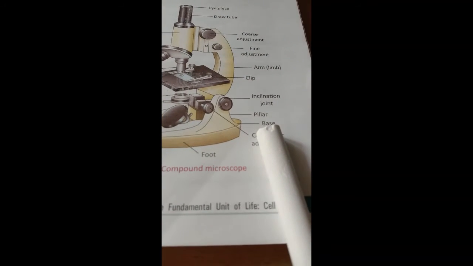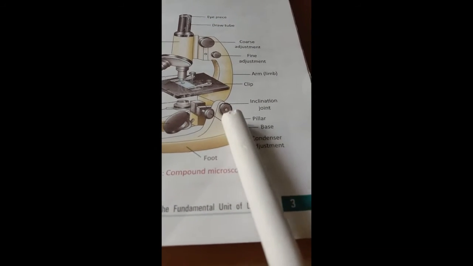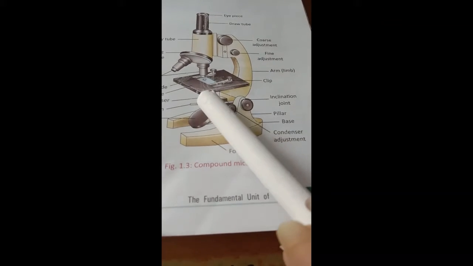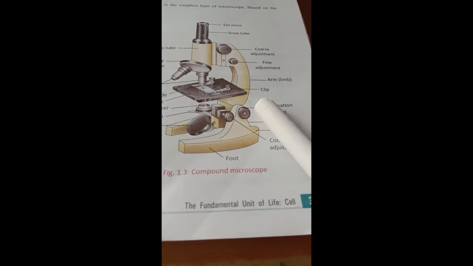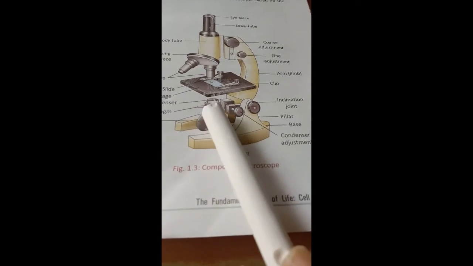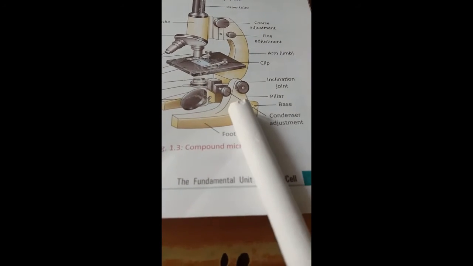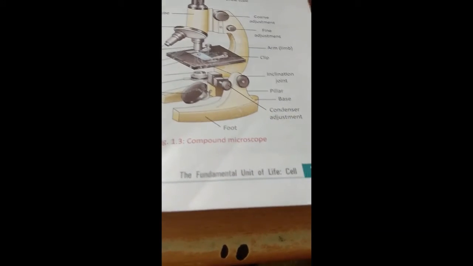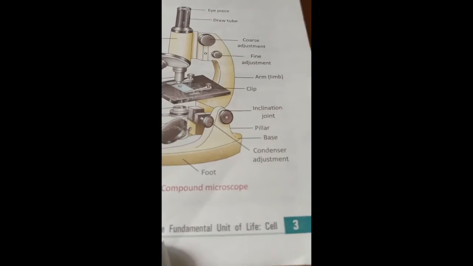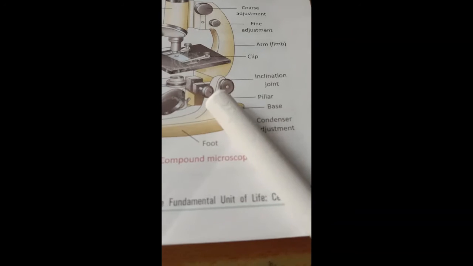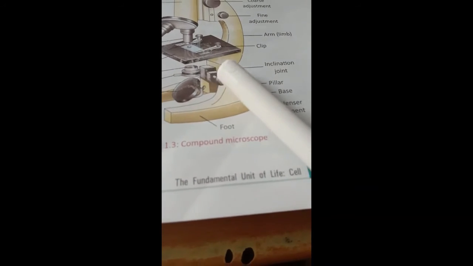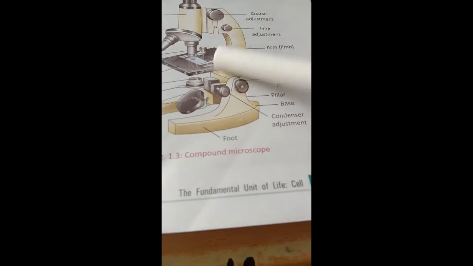Then here you see the inclination joint. It shows how far this arm is to be inclined, bent down or bent up a little. This portion is the stage, and here is the reflecting mirror, right? Then this is the pillar. The pillar is the base material on which the thing is built. And here you can see the condenser adjustment, above the stage.